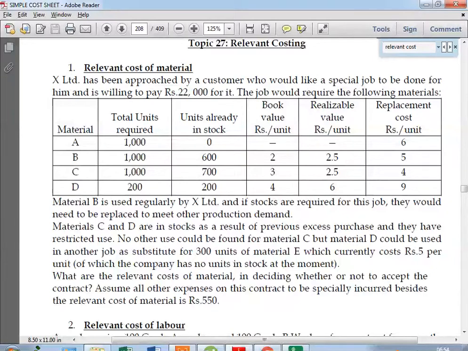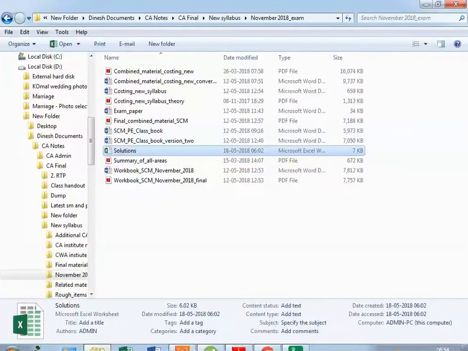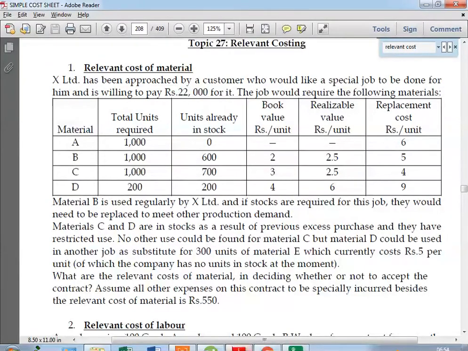Working note 1, relevant cost statement for the special job. Particulars and amount.